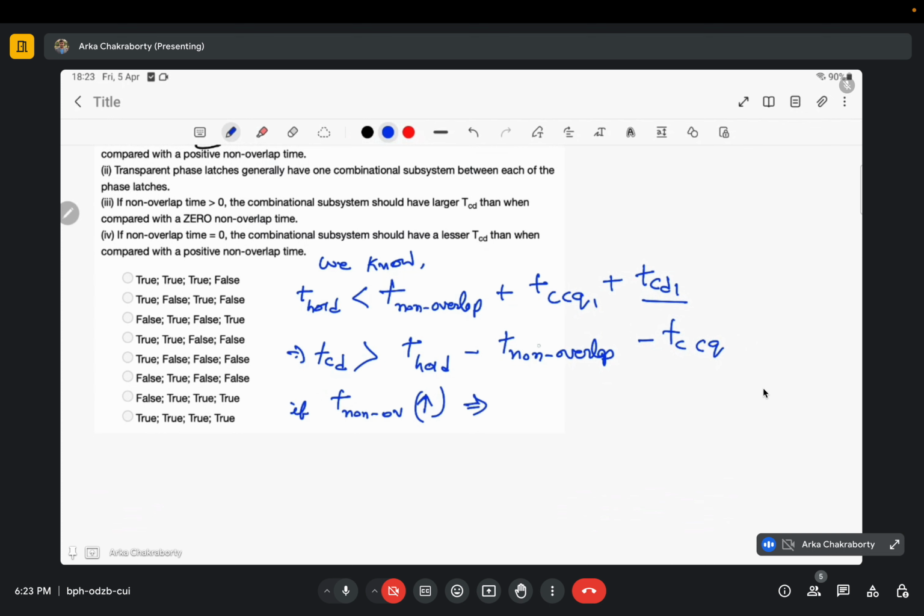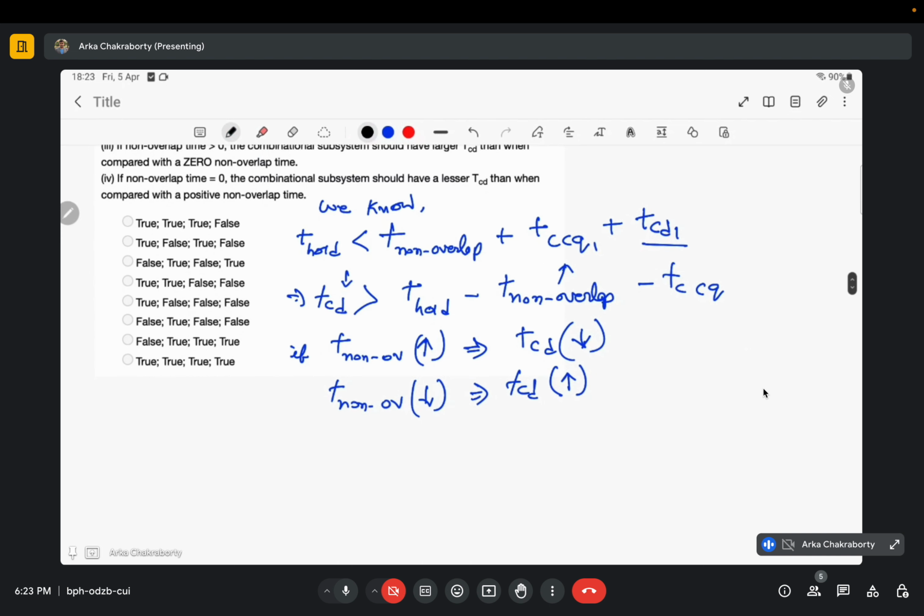A negative term is increasing, so TCD would reduce, right? If the non-overlap term is increasing, my TCD would reduce. And if the non-overlap term is reducing, simply my TCD would increase. Correct? It would increase.